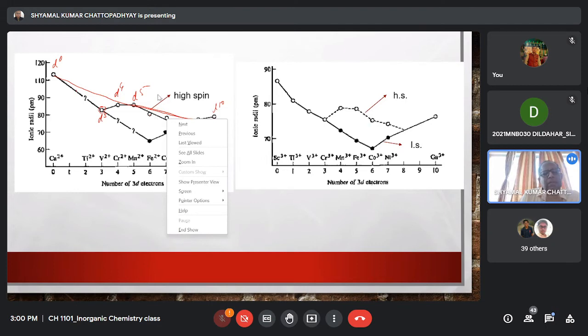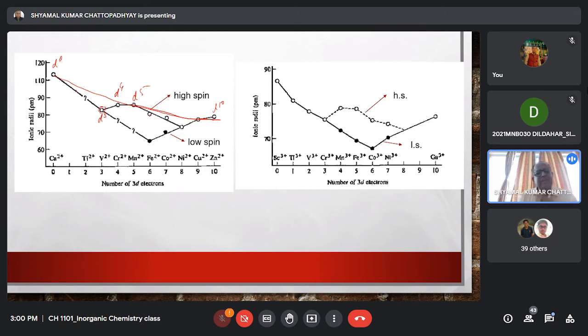As a result, you have the lower metal-ligand distance. At d8 the CFSE again decreases, so the metal-ligand bond distance increases, and from d8 to d9 CFSE decreases, so the bond distance increases, so the radius increases, and here also the metal-ligand bond distance is largest.